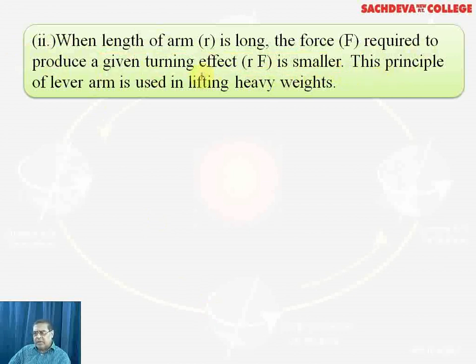This principle of lever arm is used in lifting heavy weights. Heavy weights can be lifted by using a long lever arm, with a point adjusted to the heavy load. A lever always moves about a fulcrum. A lever is a rigid bar turning about a fixed point, and that fixed point is called the fulcrum.